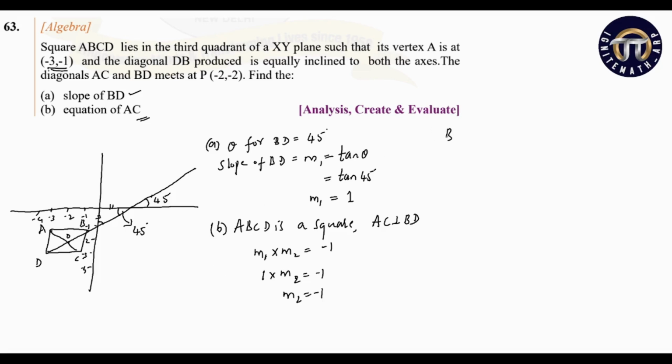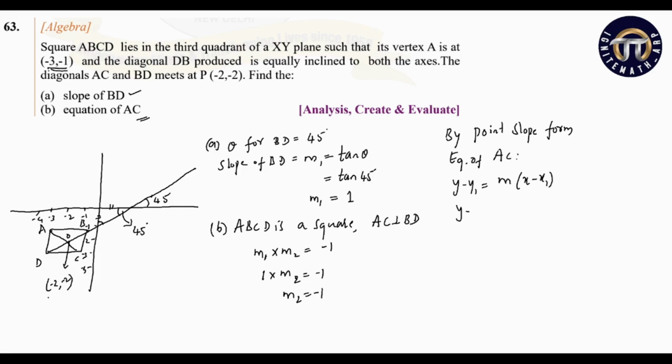Now by point slope form, equation of AC is given by y minus y1 is equal to m of x minus x1. We know that this point is the point of intersection of AC and BD.